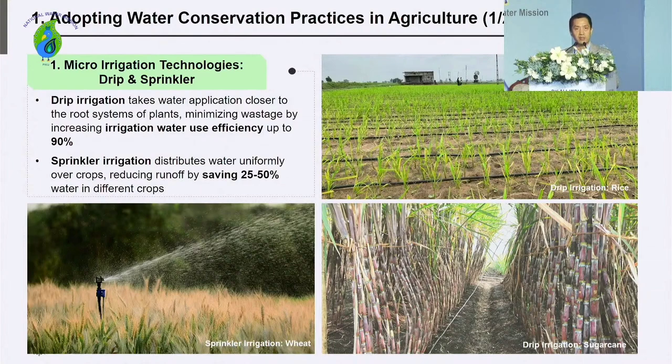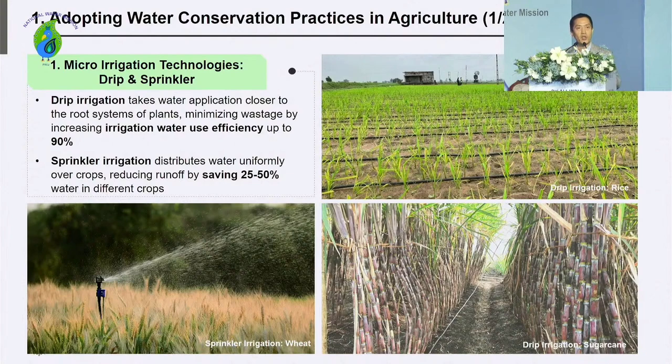The commissioner in the morning session discussed that we set up a task force that estimates the potential of micro irrigation in the country at about 70 million hectares, which is about 50% of the net sown area of the country.